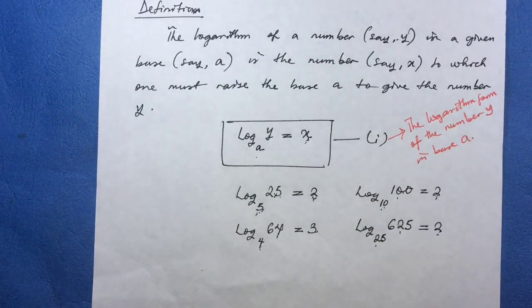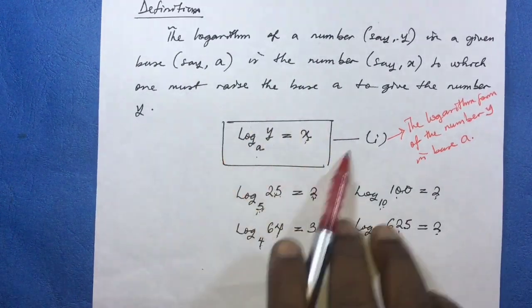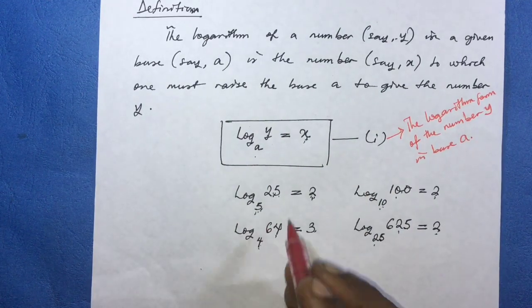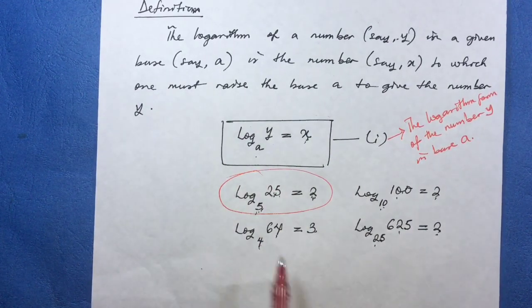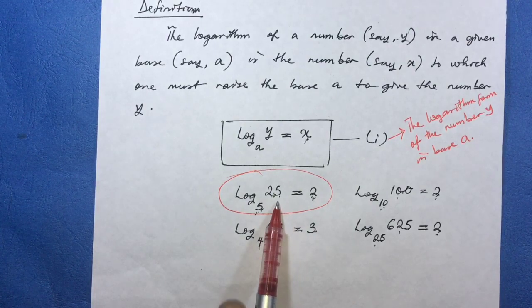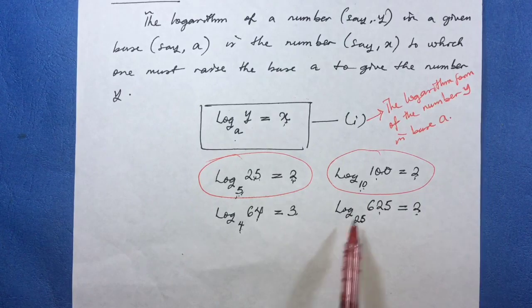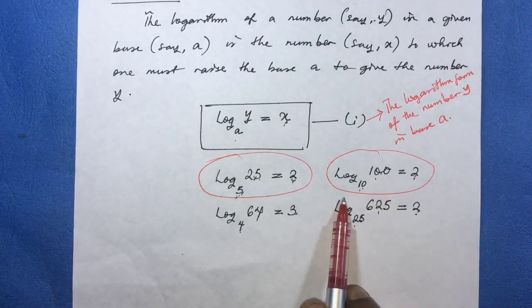So what is this? This is the logarithmic form of 25 in base 5. And what is this? This is the logarithmic form of the number 100 in base 10.